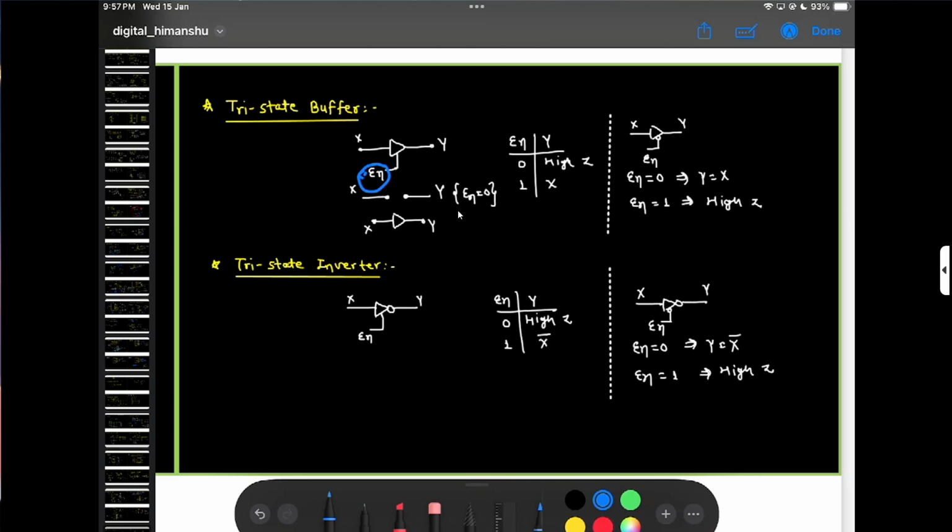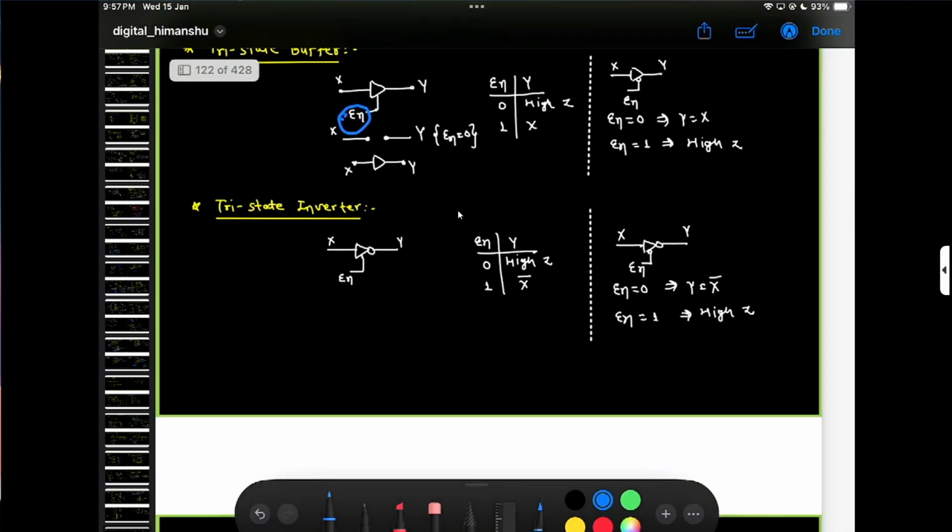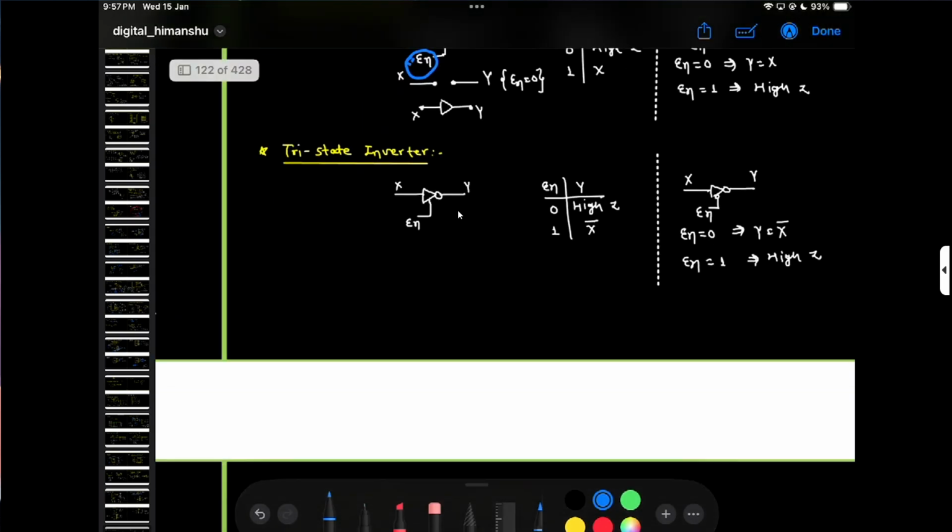And for an active low tri-state, only when the enable signal is zero is Y basically X bar.